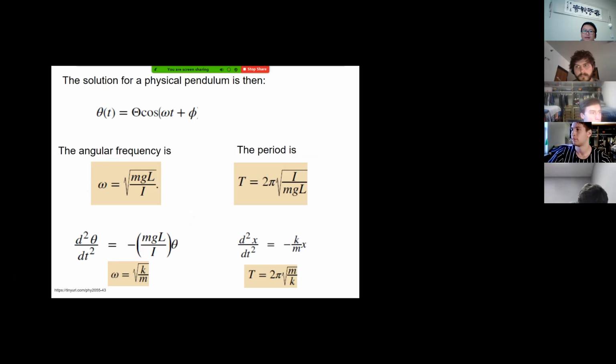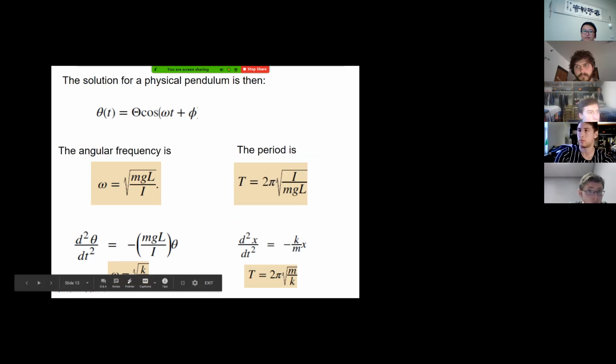In the simple harmonic motion, your angular frequency is what's listed on the bottom line here, omega equals square root of k over m.